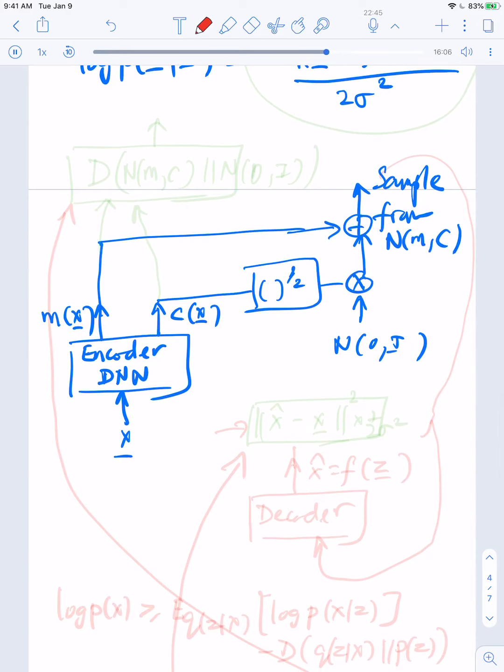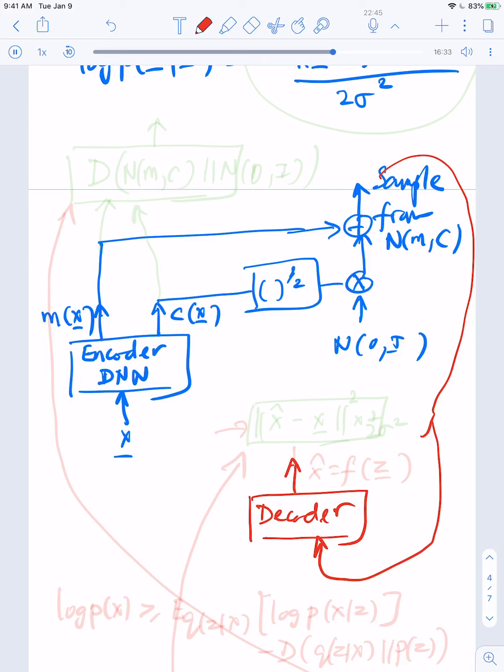Now I'm running out of room here, so I'm going to break this up. The picture is drawn in the handout as well. I'm going to take this sample here, bring it here, and feed it to the decoder. And what I'll get is x hat, which is a function of this sample.